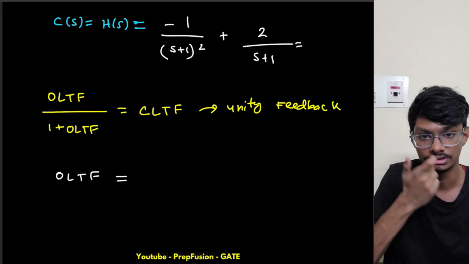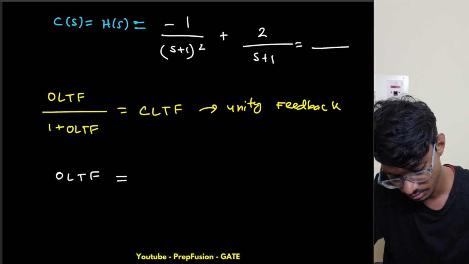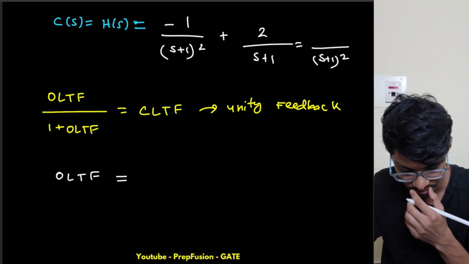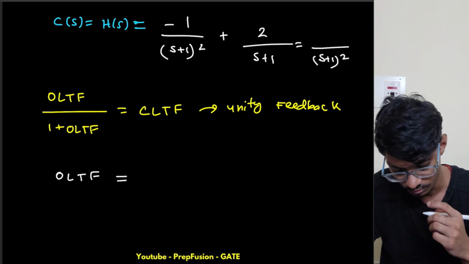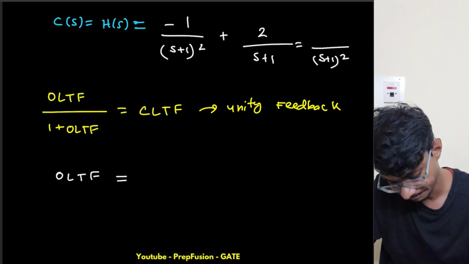Let me make this common denominator. So this is 1 by (s plus 1) whole square. So this becomes minus s minus 1 over (s plus 1) whole square. So what does this become? Let me solve this actually.